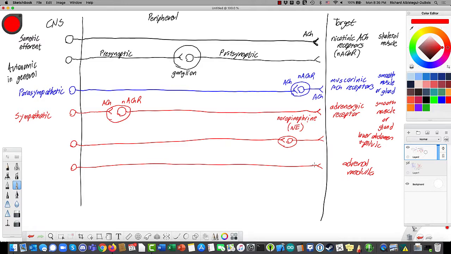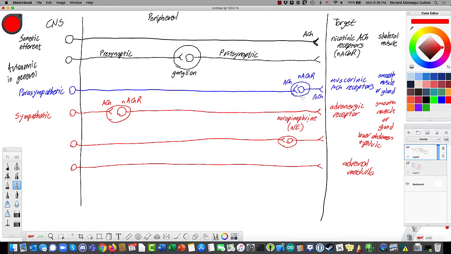So, just to sum up what we've got here, comparing to somatic efferent pathways, which have a single neuron from the central nervous system that goes straight to the target, autonomic pathways, whether they are parasympathetic or sympathetic, almost all of them have two neurons in the pathway, a preganglionic cell and a postganglionic cell.